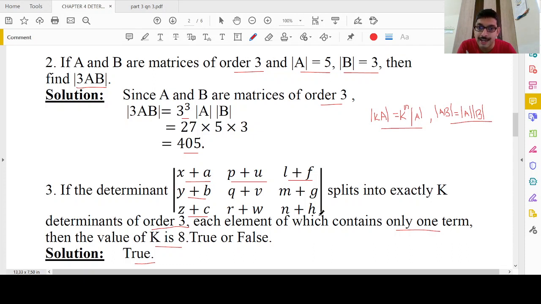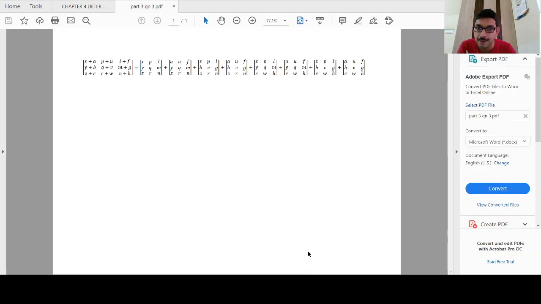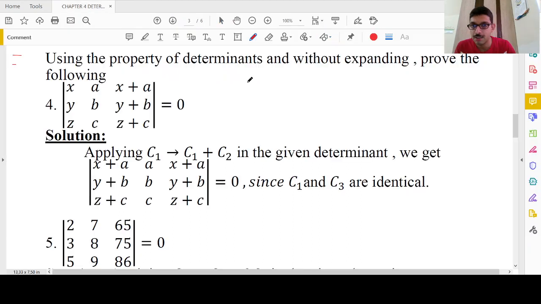So the 8 determinants will be: x p l, that is splitting the first row, then y q m, z r n, then a u f, y q m, z r n, like that. You have to take all different combinations here. So the first row has 2, second row has 2, third row has 2. So total it will be 2 into 2 into 2. Total 8 determinants will be there.